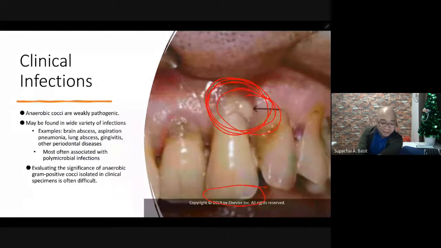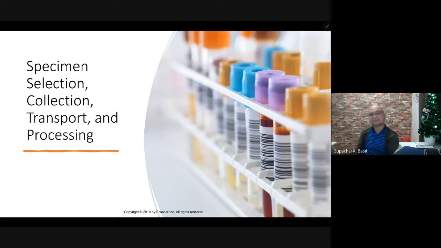So yung connection part na yon is infected. And that is periodontitis. Most of the periodontal diseases are actually caused by anaerobic bacteria. They are most often associated with polymicrobial infections, and evaluating the significance of anaerobic gram-positive cocci isolated in clinical specimens is very difficult.